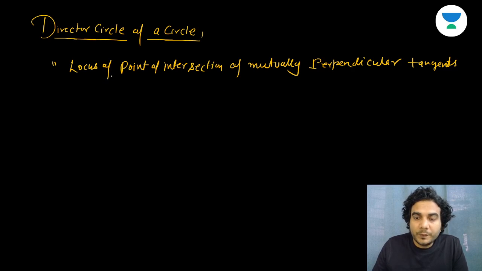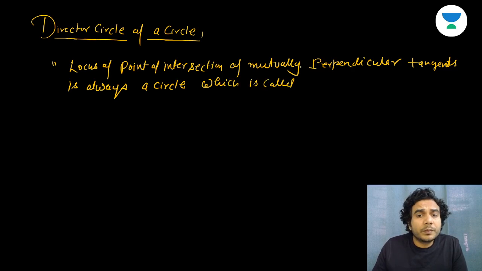Locus of point of intersection of mutually perpendicular tangents is always a circle which is called the director circle. Locus of point of intersection of mutually perpendicular tangents of a circle is always another circle which is called the director circle.